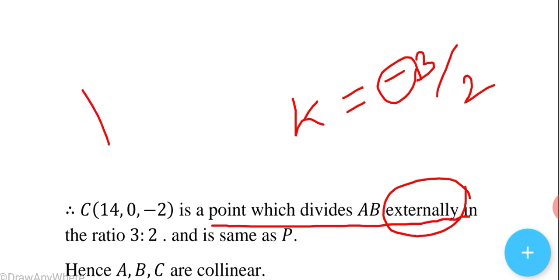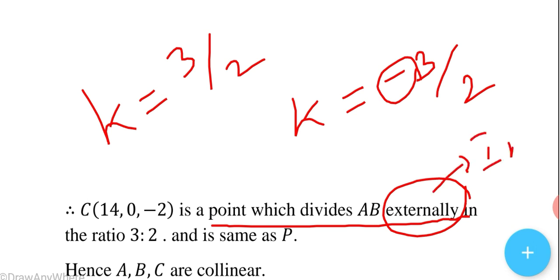Suppose k = 3/2, which means positive. Suppose k is positive, then we have to replace this with internally. But in this problem our answer is k = -3/2.